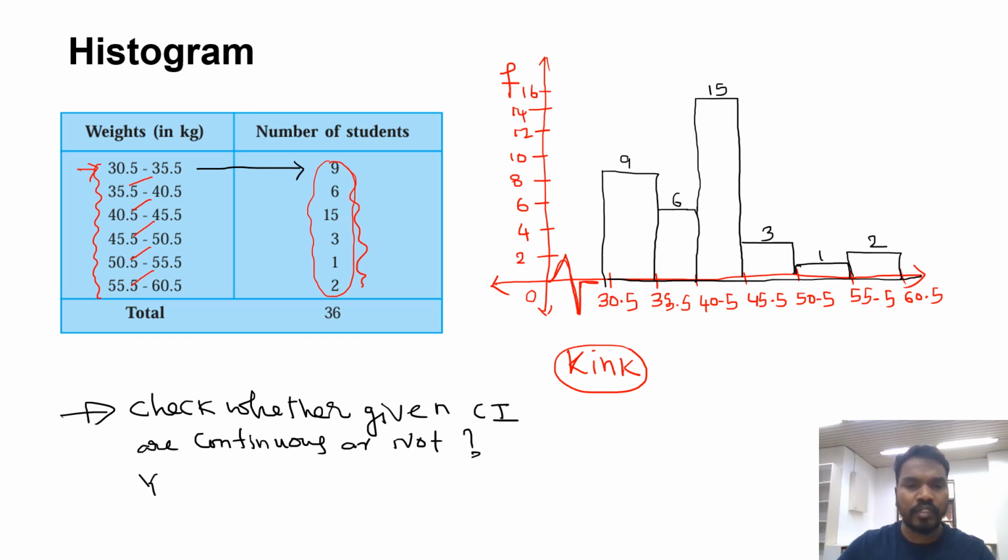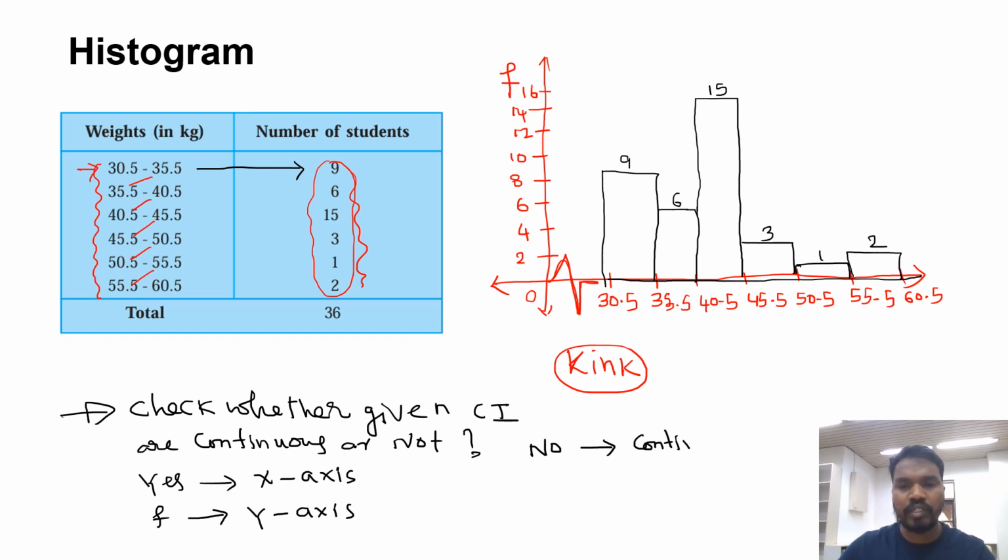If yes, then take those class intervals along the x-axis, and the frequency along the y-axis. Clear? If no, then first convert them into continuous class intervals, then the procedure is the same. Represent those continuous intervals along the x-axis and the frequency along the y-axis.